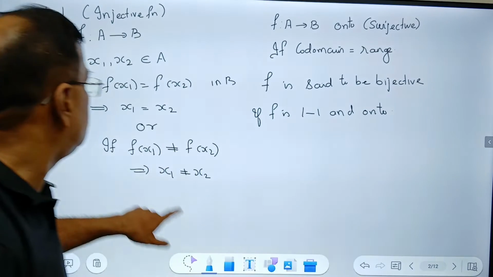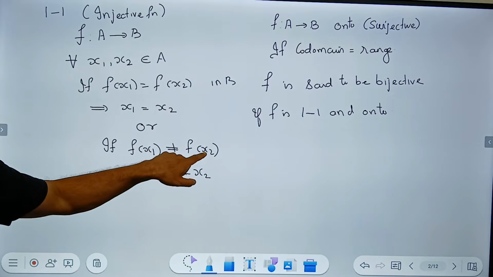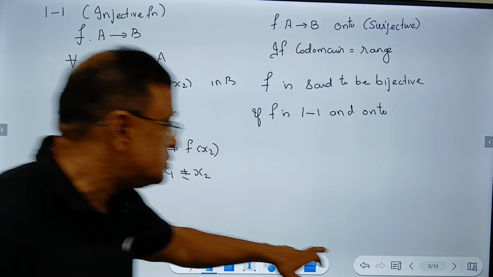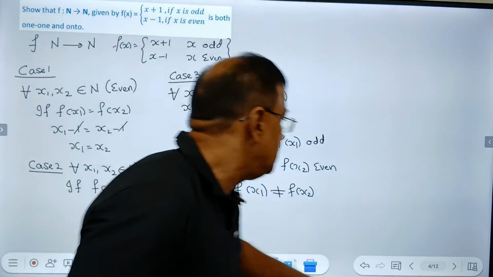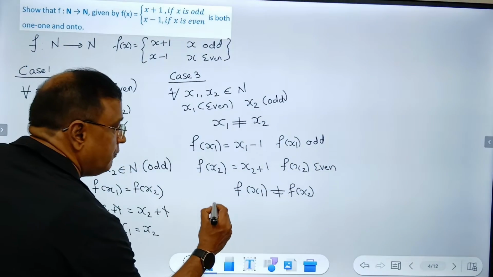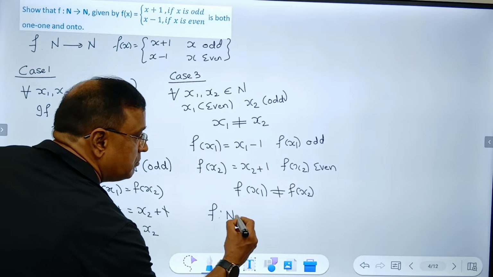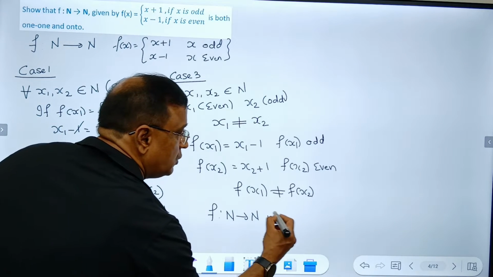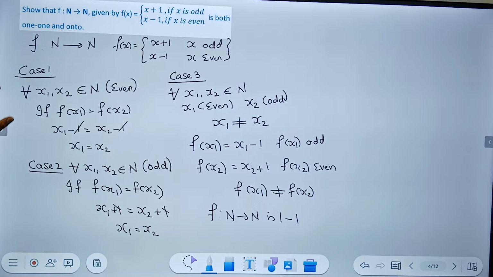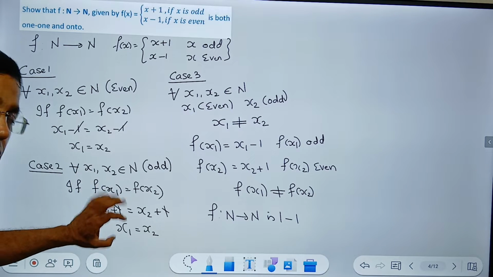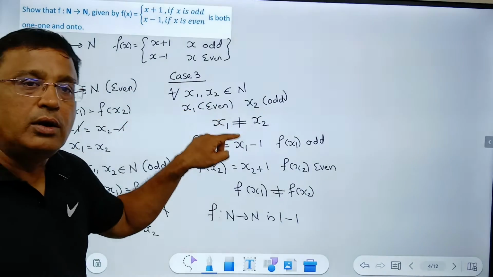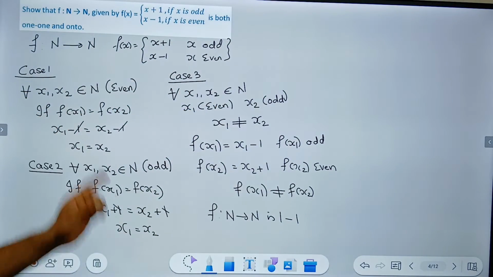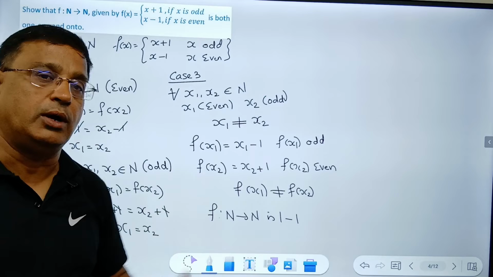Look at this: f of x1 not equal to f of x2, x1 not equal to x2. So I'm using this criteria. So clearly f from natural numbers to natural numbers is 1 to 1, irrespective of whether I choose both numbers as even, both as odd, or one even and one odd. So all three cases must be discussed for 1 to 1.